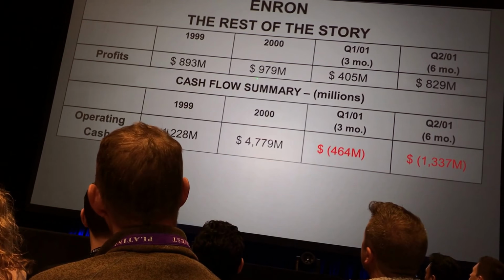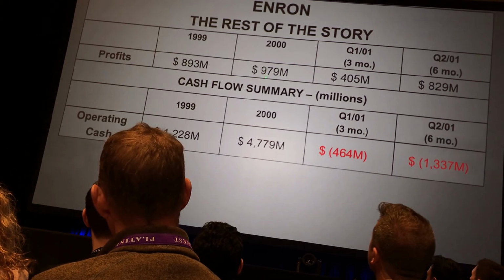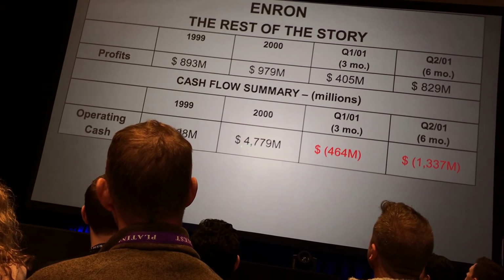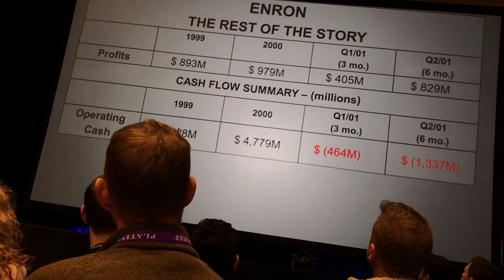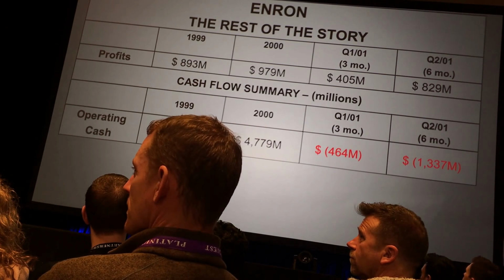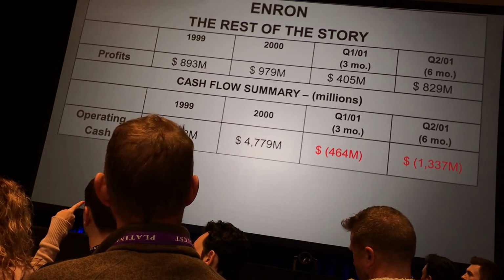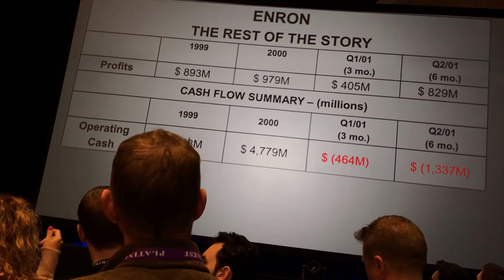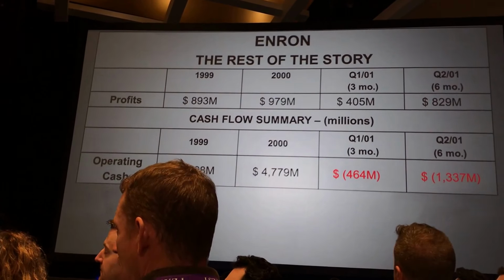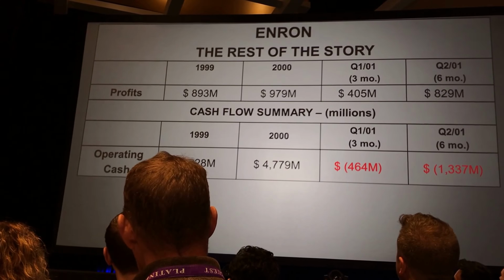In 2000, they had $979 million of theoretical profits, and they converted that into $4.8 billion of cash. A++. How'd they do it? How'd they do it? There's only 3 levers on the balance sheet. How did they do it?